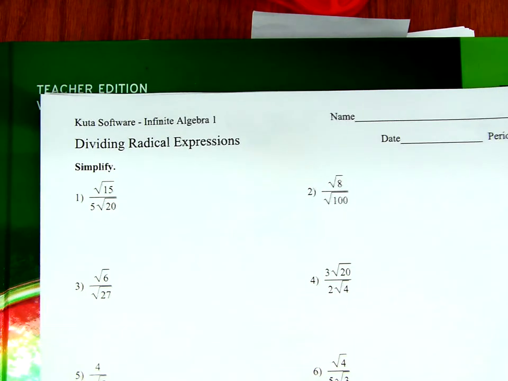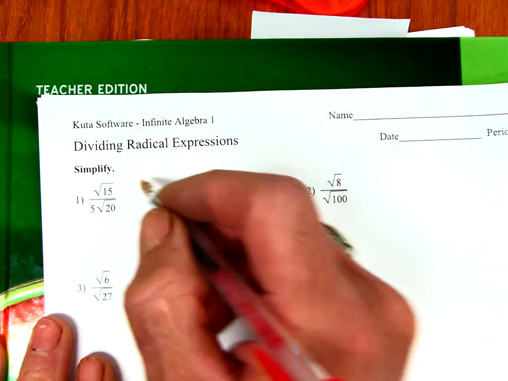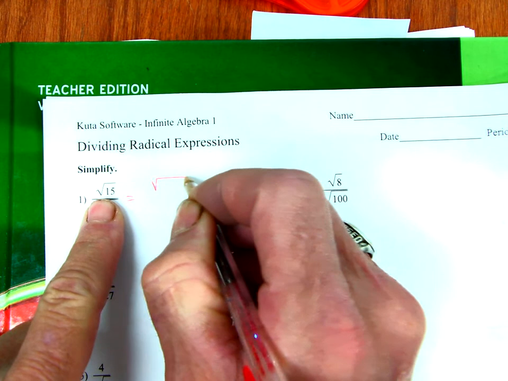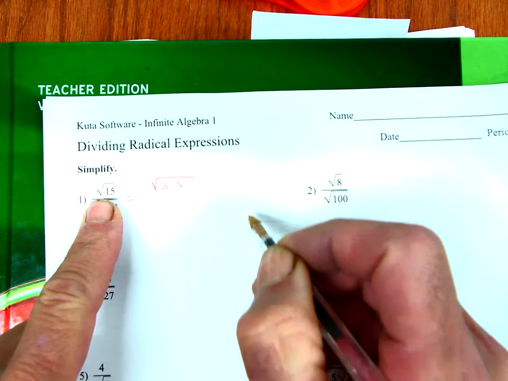Now what about dividing? Dividing is a different beast altogether. In dividing, remember, if you have like items on top and on bottom of the fraction, you can cancel those out. For example, here we go. Square root 15 is the same as square root 3 times 5.